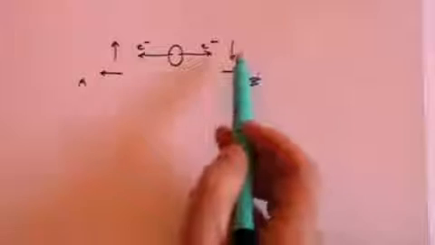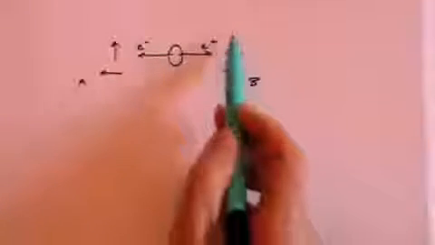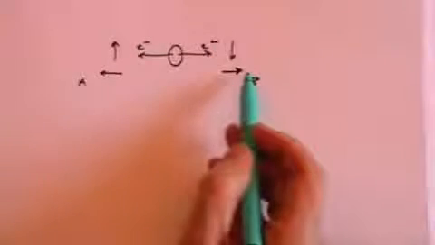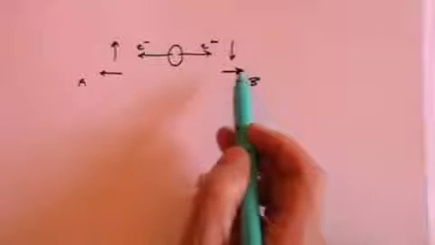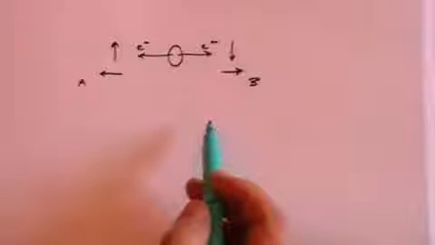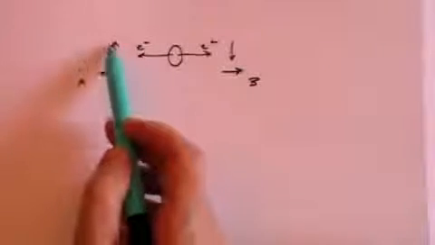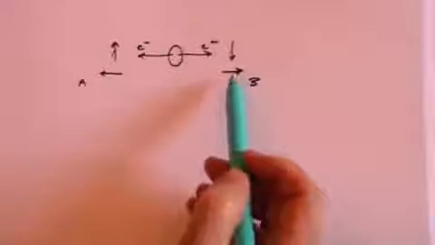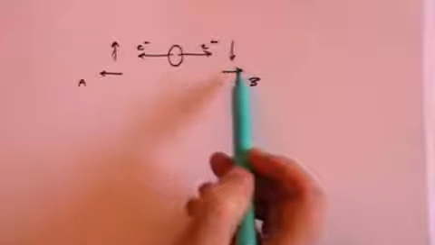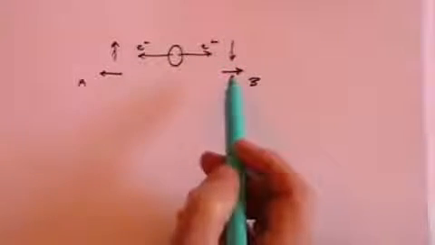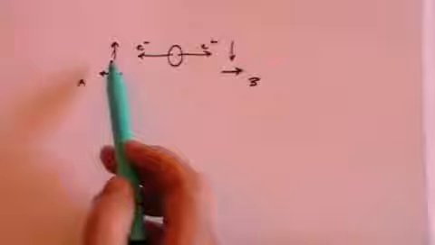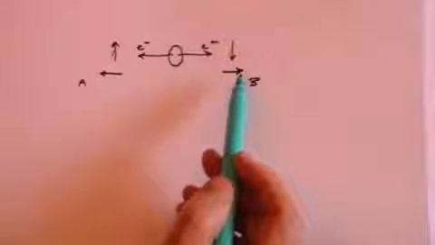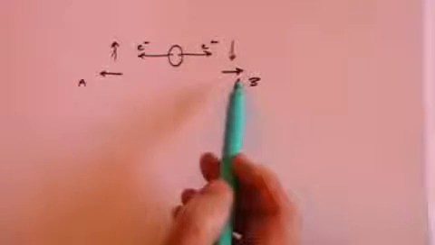He would then know that his Z direction spin was down and his X direction spin was to the right. He would know both values at the same time, but Heisenberg says he can't. So in practice what would happen is, if Alice measures the spin in the Z direction of this electron, Bob cannot measure the spin in the X direction of the positron. But if Alice doesn't make that measurement, then Bob can make the measurement in the X direction.